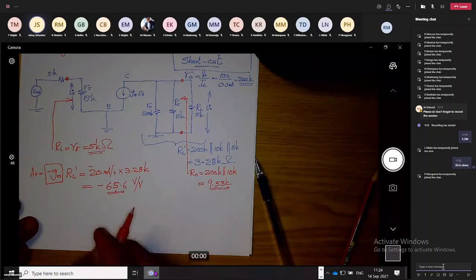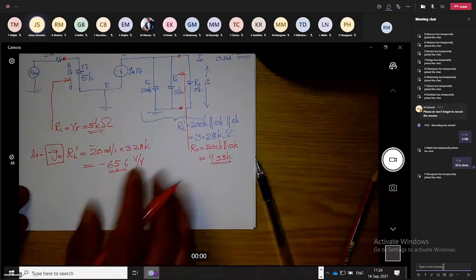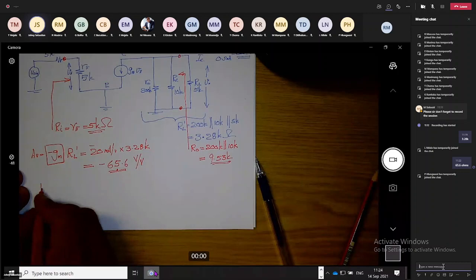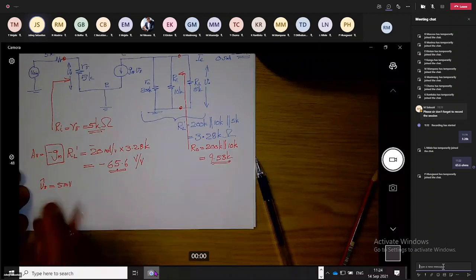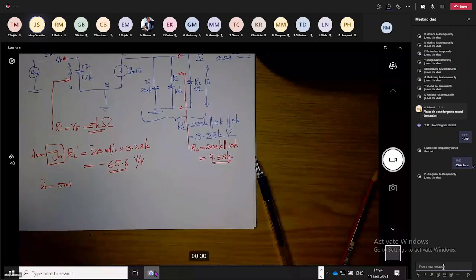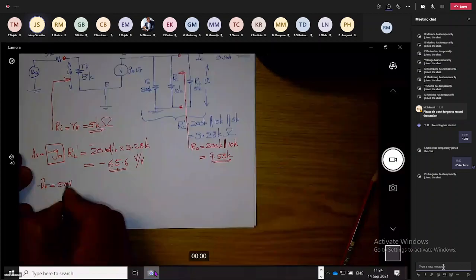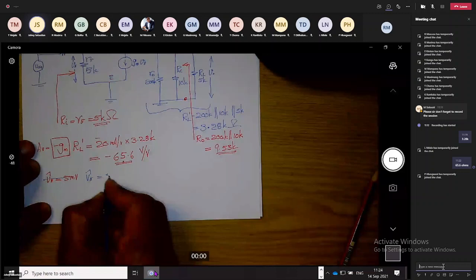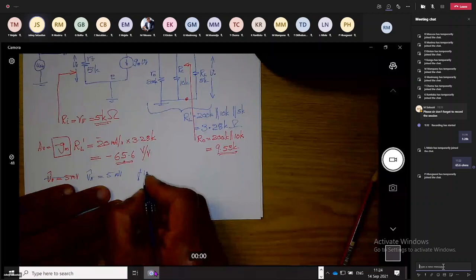Now, second part of the problem. If V pi peak equals 5 millivolt, find corresponding values of Vs peak and V naught peak.